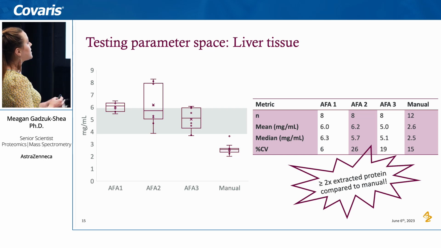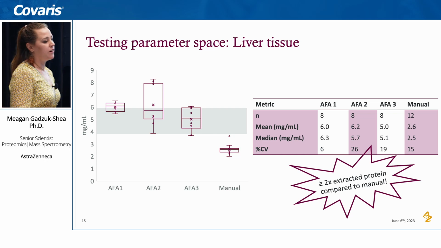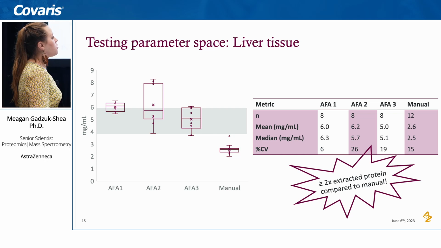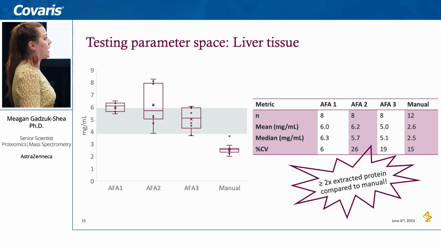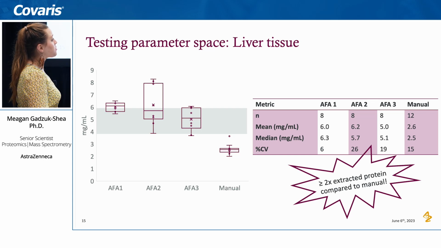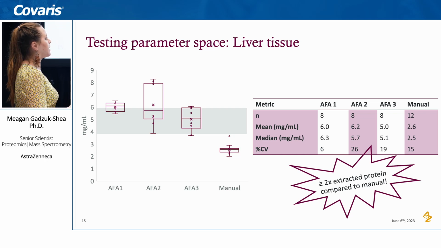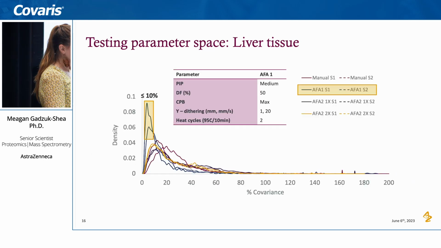As I said, we exceeded the limit a little bit, but this data is showing that we're still able to get more protein out. In general, we're getting at least 2 times the amount of extracted protein compared to our manual bead mill treatments, as well as considerably lower covariance in those extracted amounts, specifically for AFA1.